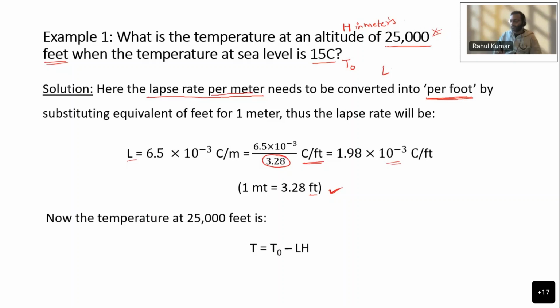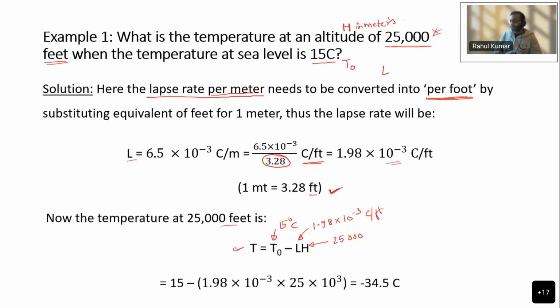So the temperature at 25,000 feet, we can calculate by using this equation. We already know T0, it is 15 degree centigrade. The lapse rate we have converted, and it is 1.98 multiplied by 10 to the power minus 3 degrees centigrade per foot, and h, the altitude, is already in feet, 25,000.